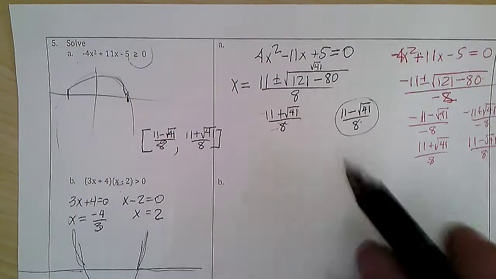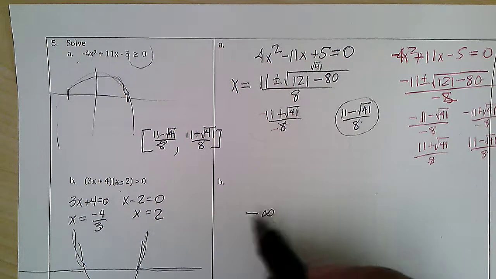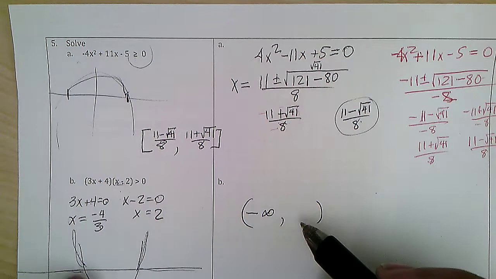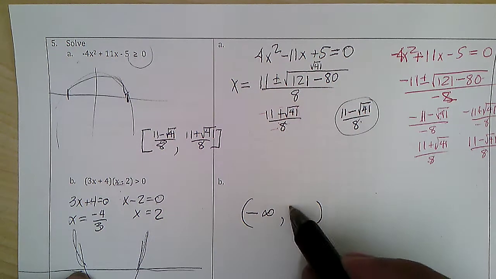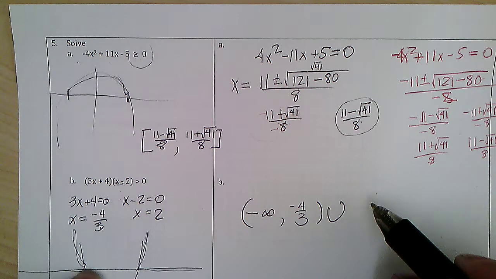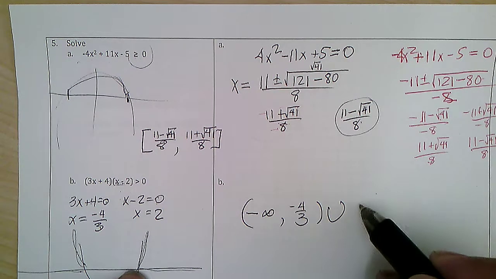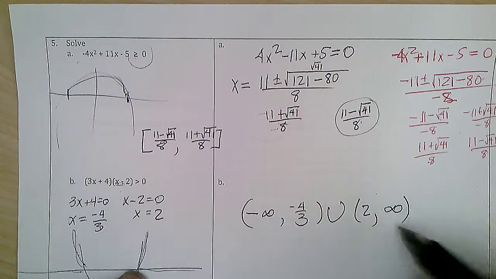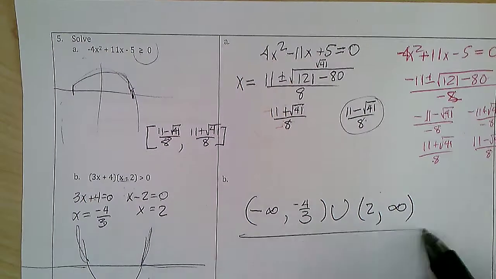So this would be from negative infinity, and it can't equal, so not equal, up to the smaller one. Well, that's negative 4/3. Then there's a space where it's not greater than 0. Then it goes from here, which is 2, and on, it is greater than 0.